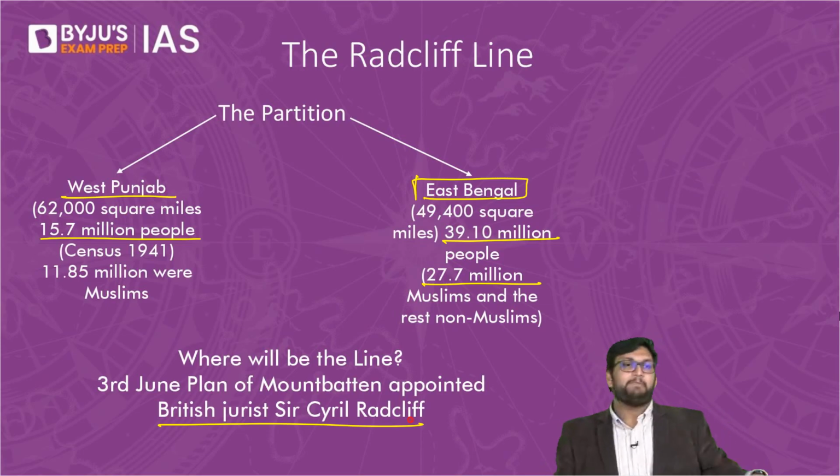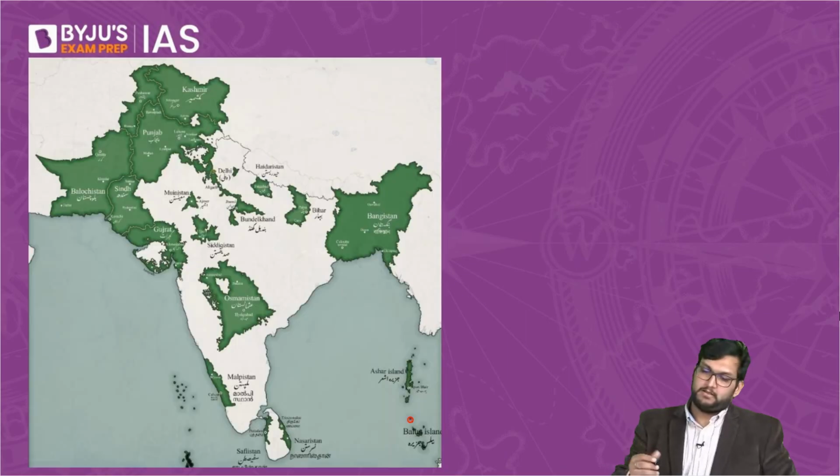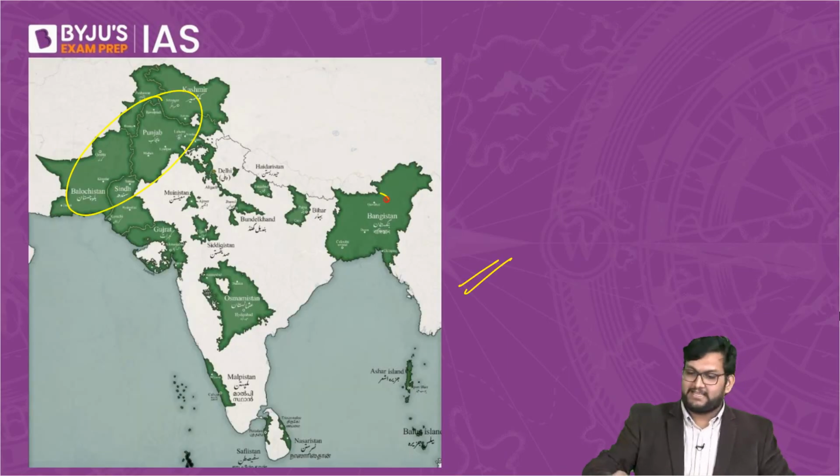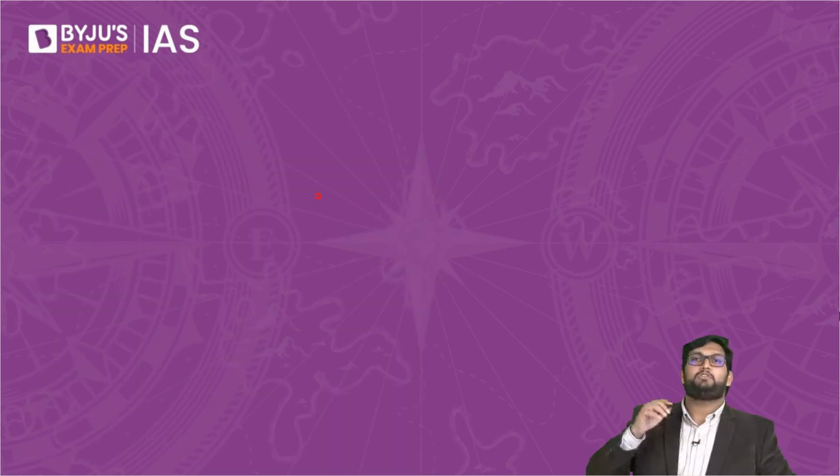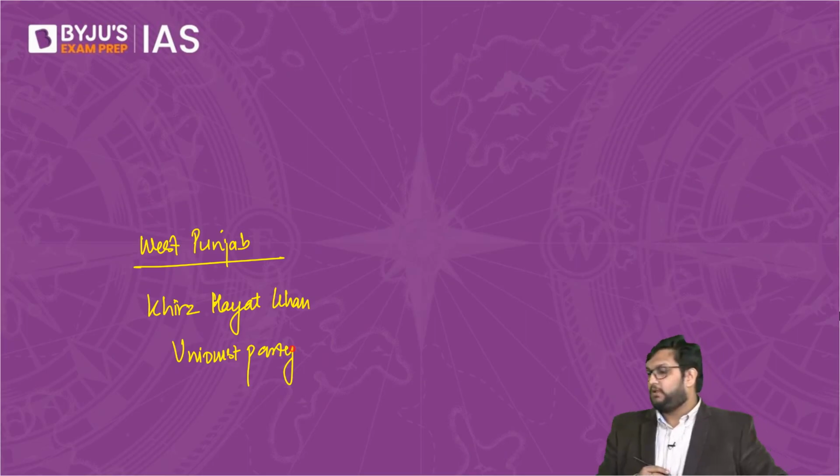Because in West Punjab, there were two different parties which actually reigned. In West Punjab, it was actually Khizr Hayat Khan and his Unionist party, which was actually in majority.